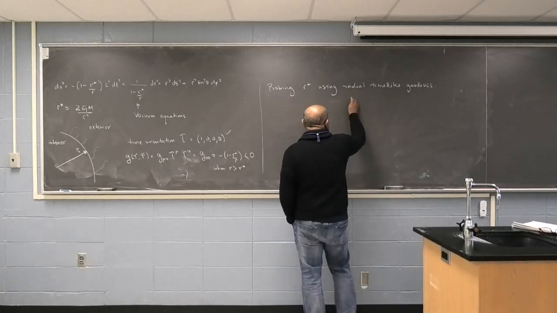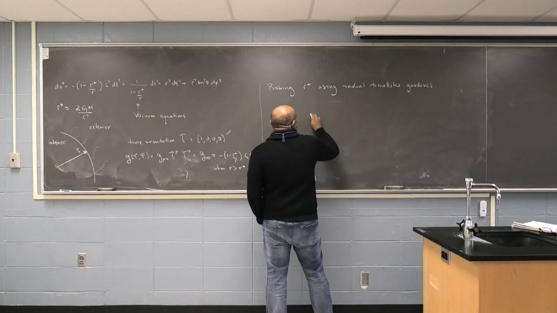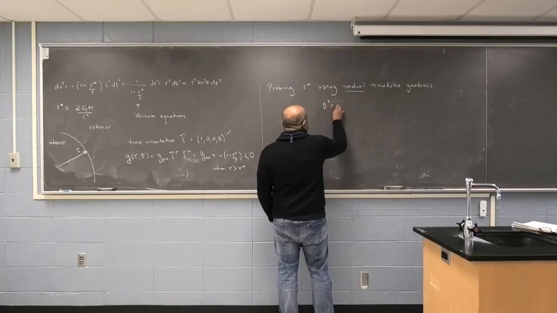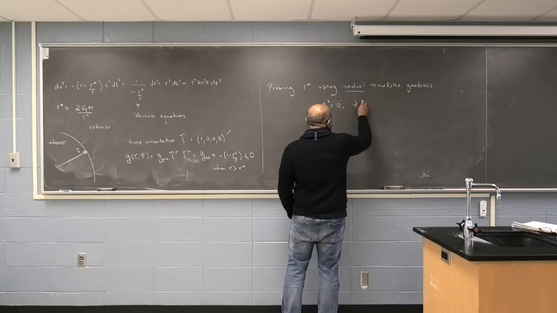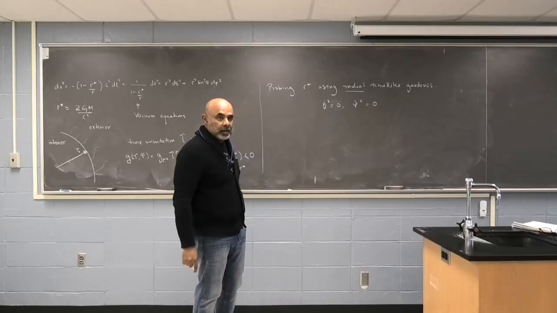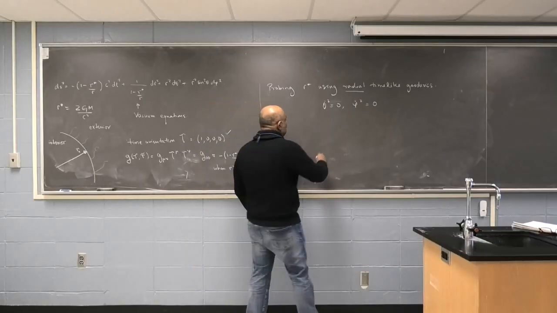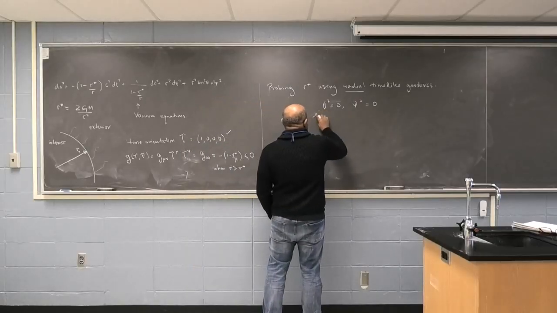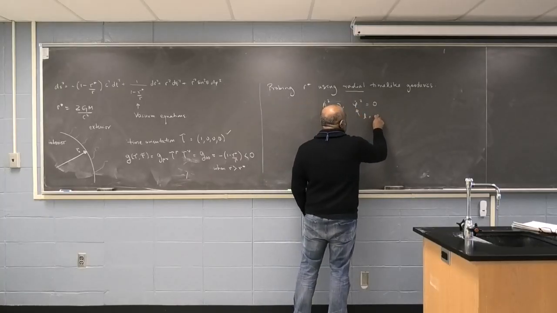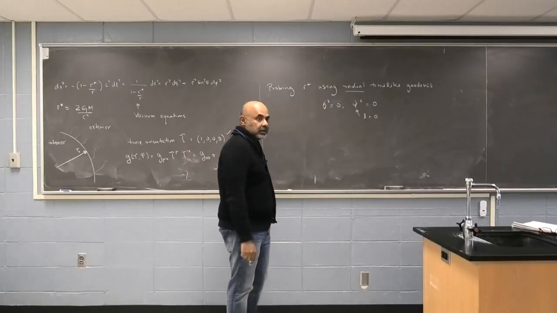When I say radial, I mean obviously theta dot squared equals 0, phi dot squared equals 0. Now theta dot squared equals 0, phi dot squared equals 0 would also mean the angular momentum of such a geodesic is 0.